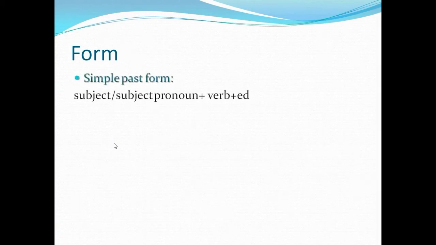دابا غنحاولوا نشوفوا الفورم. ضروري ما تعرفوا الفورم ديال كل tense اللي تعلمناه اليوم. نبداو بsimple past form. Subject or subject pronoun plus verb plus ed. يعني ممكن يكون فاعل، ممكن يكون ضمير فاعل، على حسب الجمله اللي تعطاتكم في التمرين. اوكي. Plus verb plus ed يعني تنزيدو ed للverb في simple past، ولكن don't forget that we have irregular verbs. نشوفو example ديال simple past.